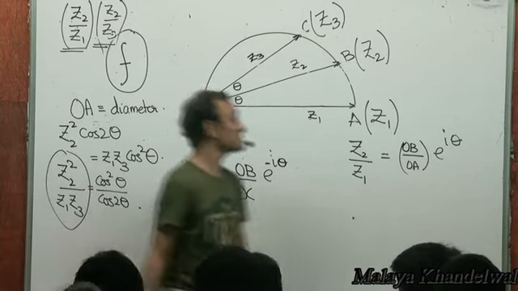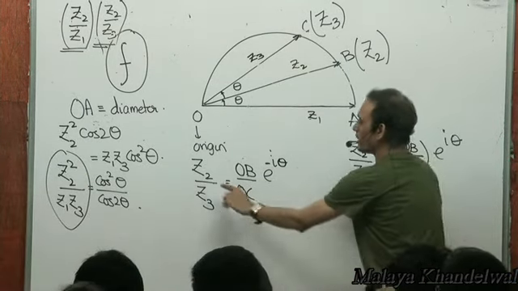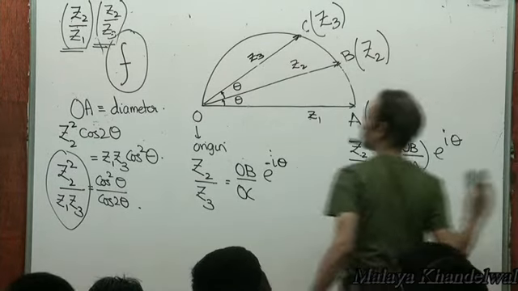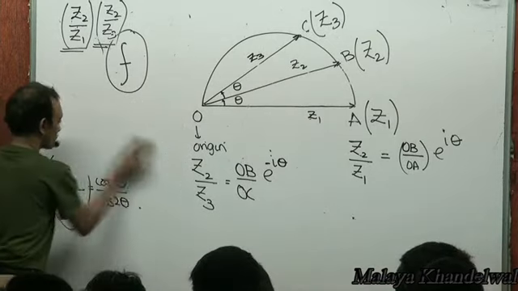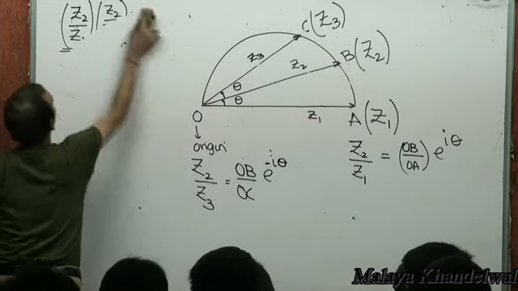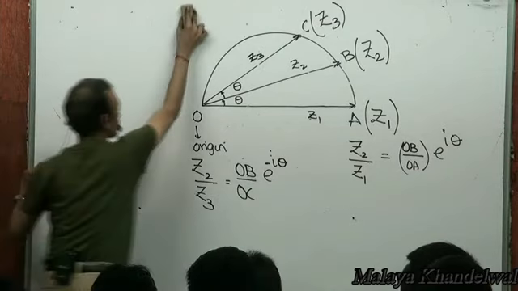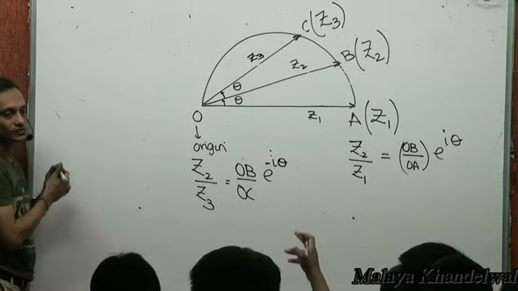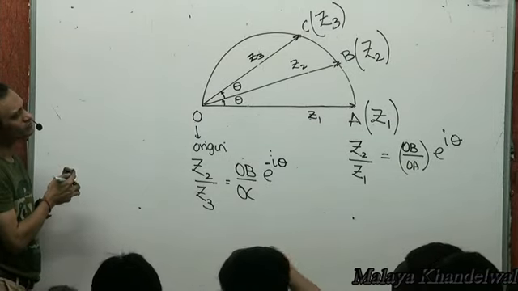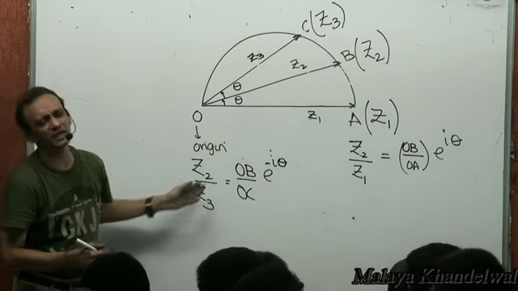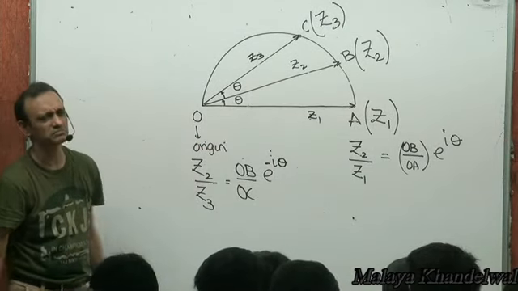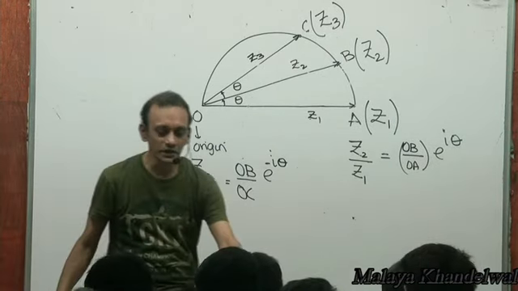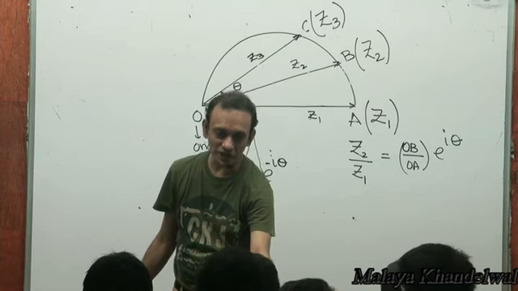Does it make sense? And let's multiply them out because we need to find the value of z2 squared by z1 z3. Let's multiply them out. Then that will become minus theta and this will become theta. Does it matter? Not at all. In the given expression, if you replace theta by minus theta, nothing will change.